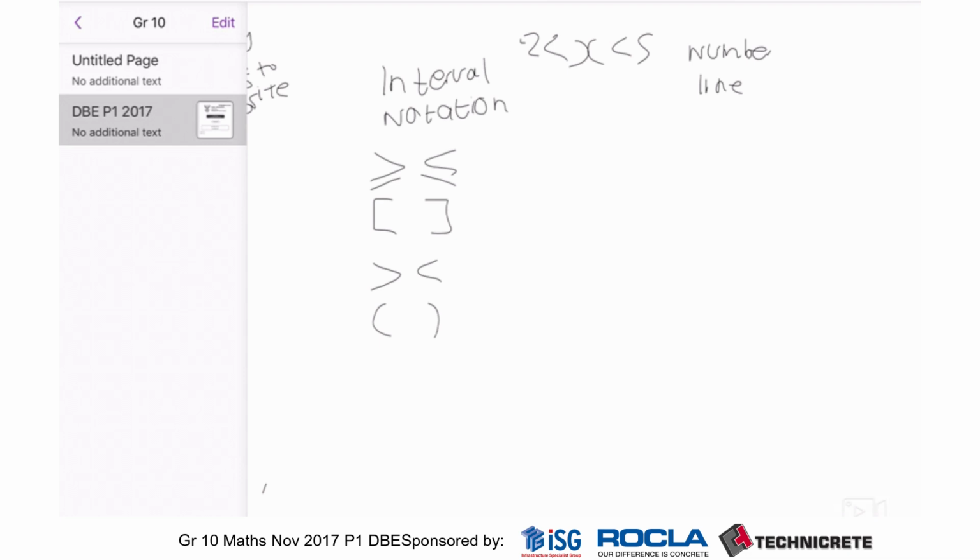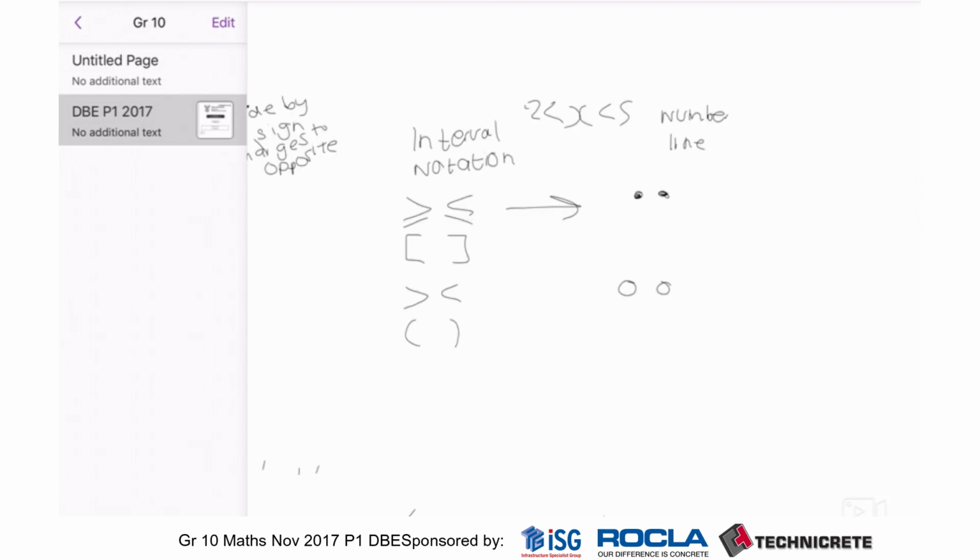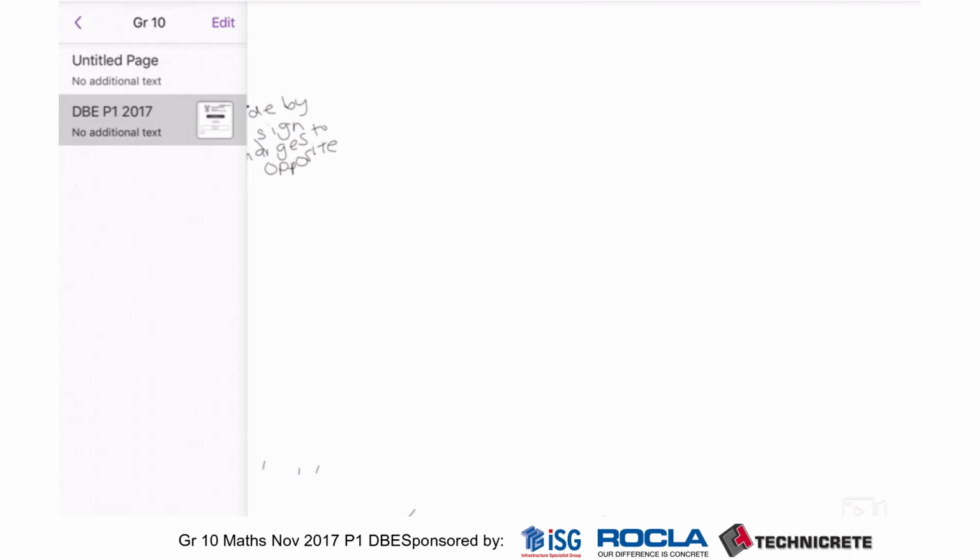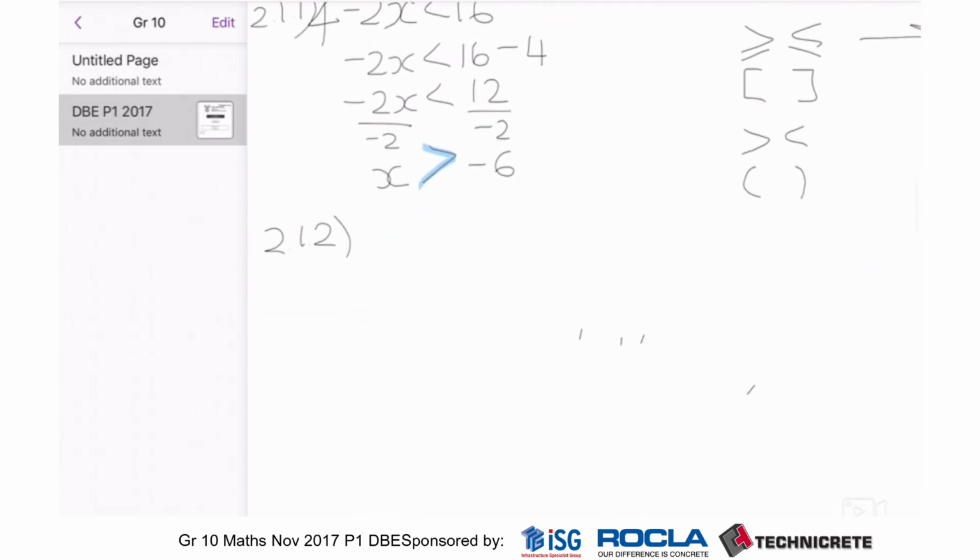Okay, number line, when it is the greater than or equals to, it's a colored in circle. When it is a less than, it is an open circle. Okay, that is the gist of the number line. And make sure that you plot the number line numbers in chronological order. Okay, so here is my 0, therefore negative 6 has to be here.